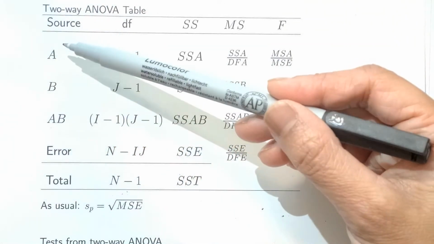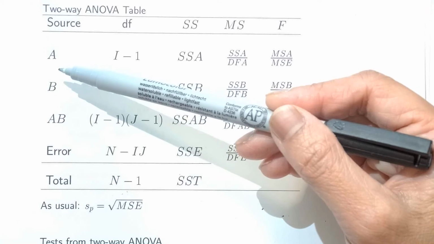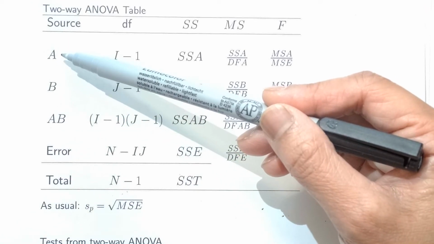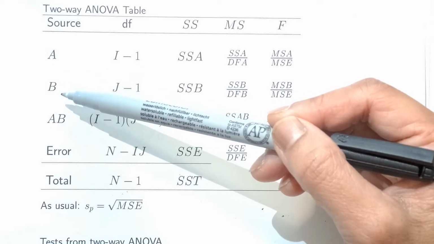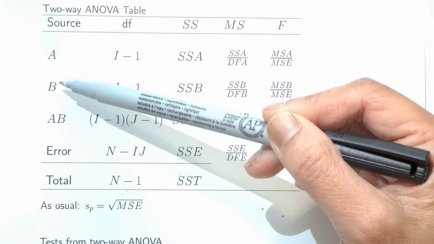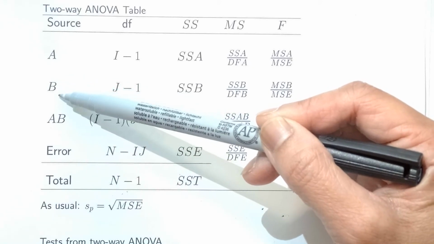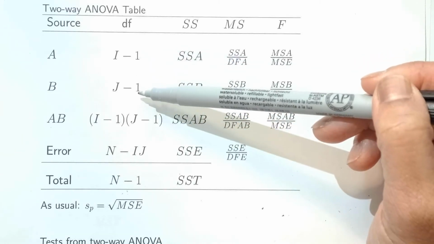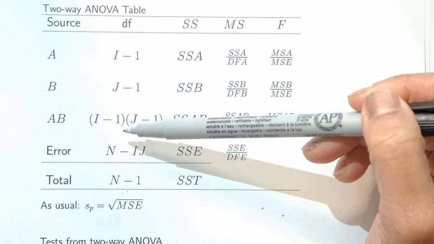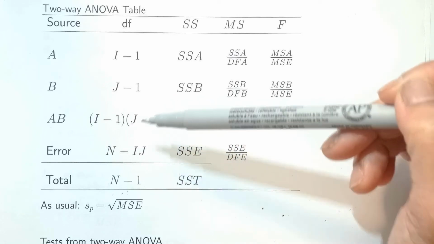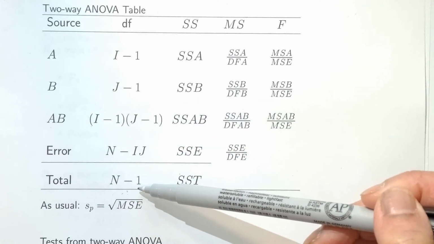Now our source has, remember in the randomized complete block design, we had our treatment, which is akin to factor A, and our blocks, which are now actually factor B, because it may not be a nuisance. It may be something we're actually interested in. But we have our degrees of freedom as being I minus 1, capital J minus 1, the product of capital I minus 1 and capital J minus 1. And then total is still capital N minus 1.